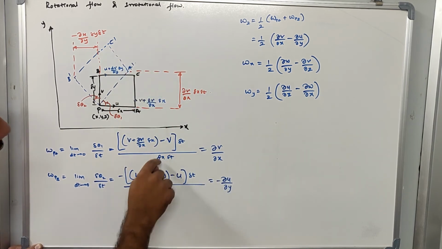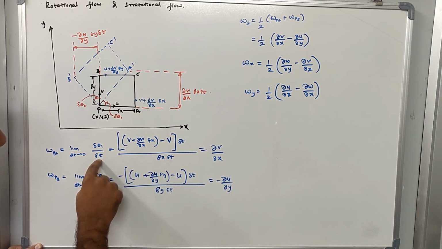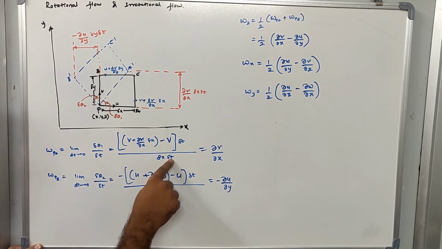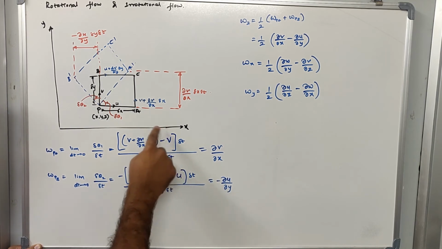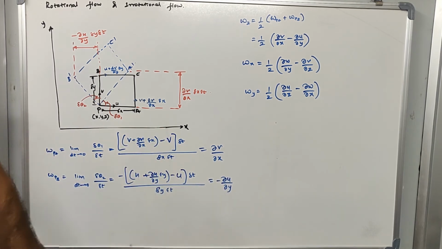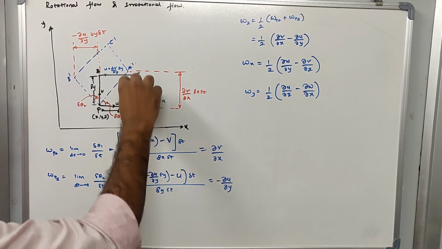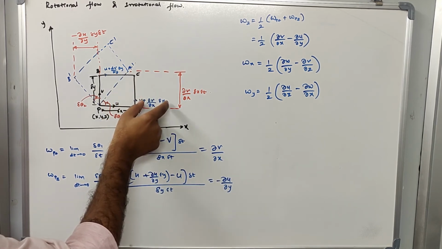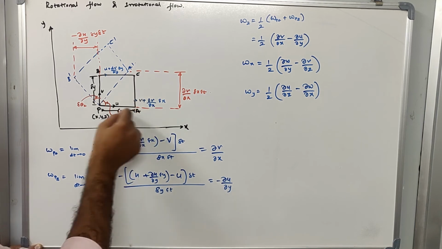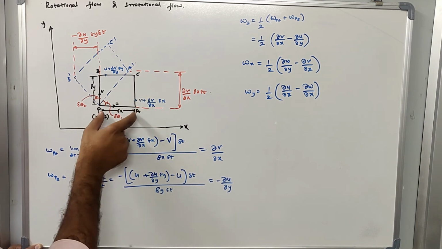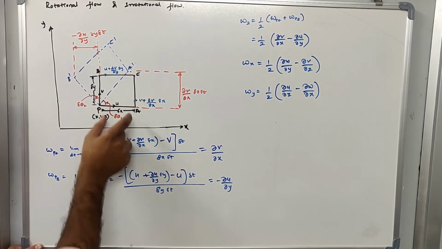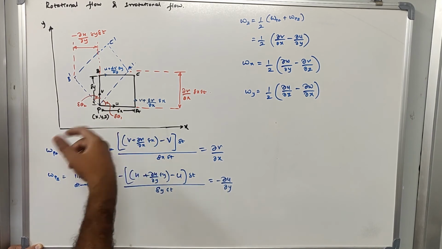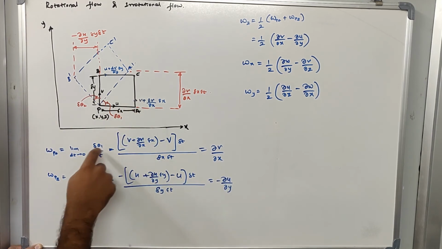Now, to find the change happening with theta 1, I take the difference of velocity at A and velocity at P and divide it by the distance delta x.